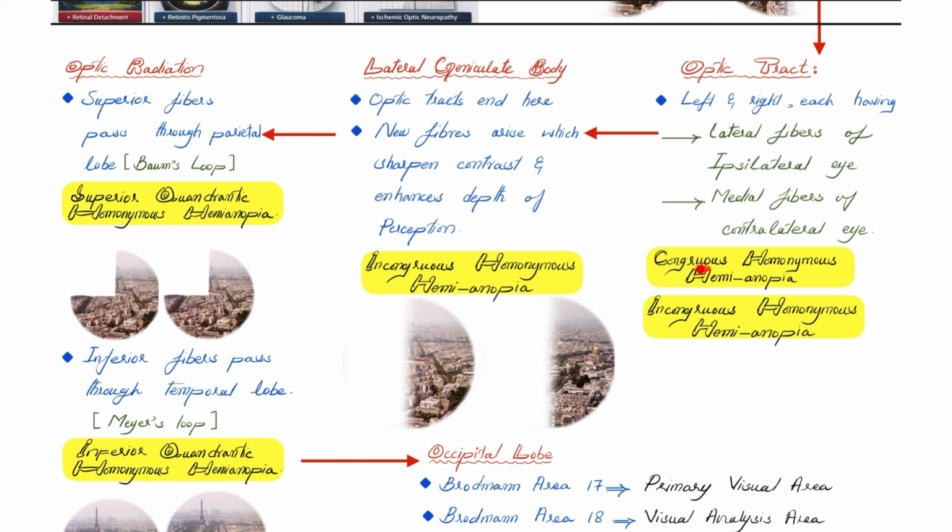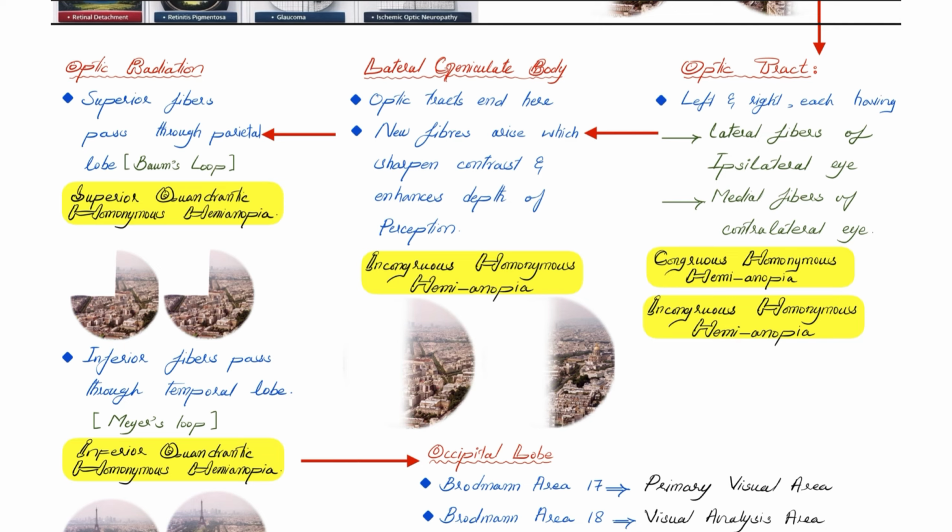Congruous means symmetrical, homonymous means same side of the visual field, hemi means half, and anopia means missing the vision. Incongruous means asymmetrical, meaning different in shape. Homonymous means same side of visual field, hemi means half, anopia means missing vision, as you see in the image.